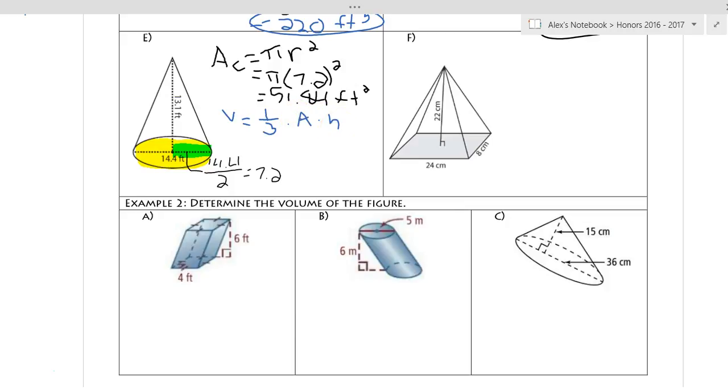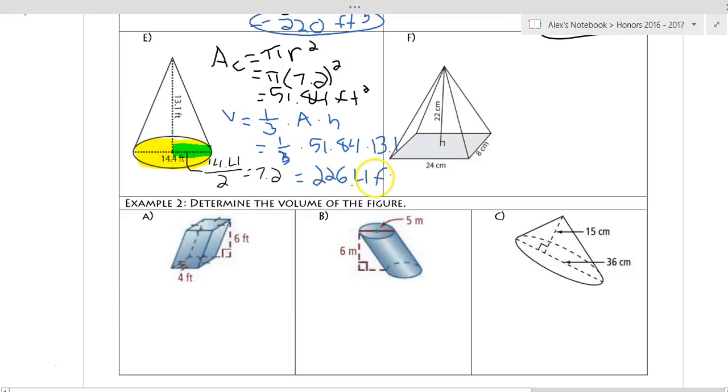That's really the big thing you have to remember the difference for. So I have 1/3 times 51.84 times 13.1. When I multiply all of those, I get 226.4 approximately. I rounded a little bit. And this is feet cubed.